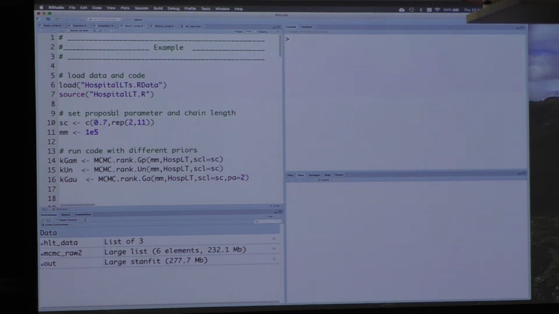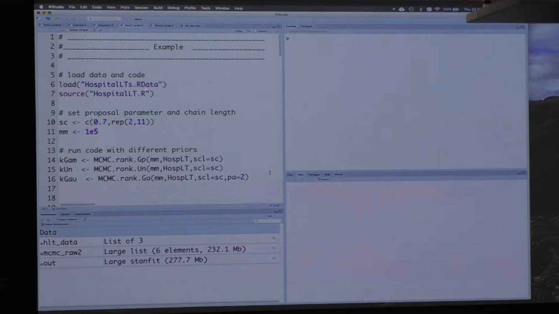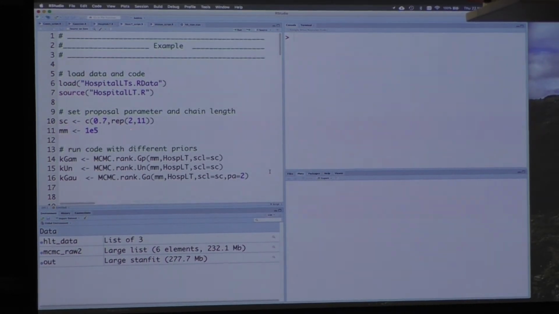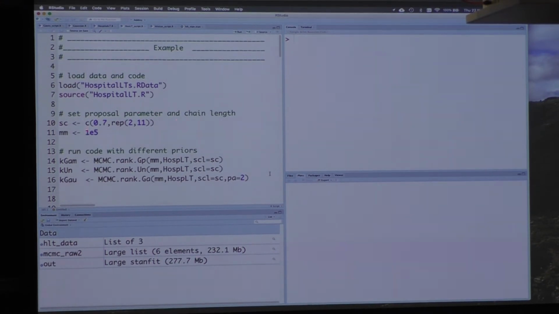So this is the code that we used last time in the practicals. We have the data there. We have the routines for the MCMC there. These are the scales of the proposal density. This is the number of times that we're running the chain. And now, hopefully, this makes sense.